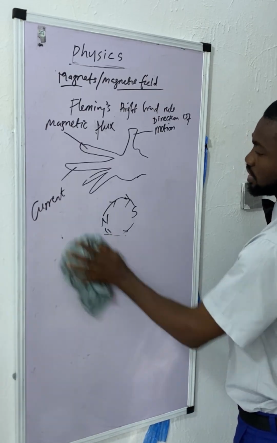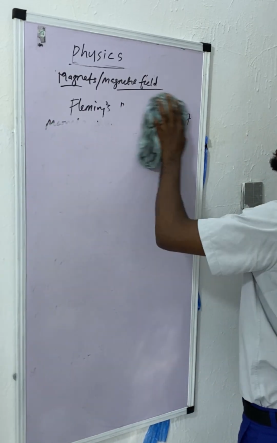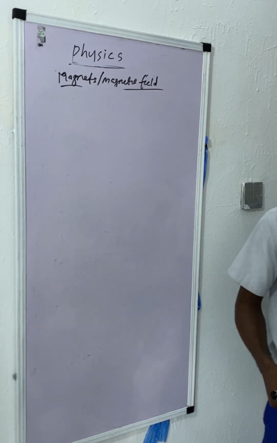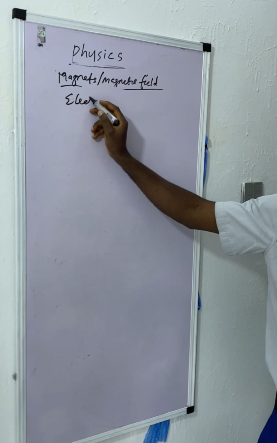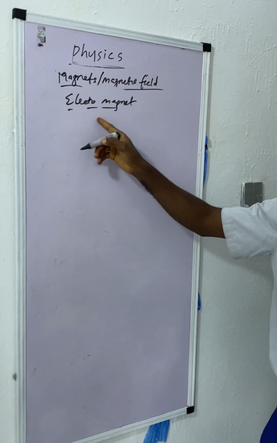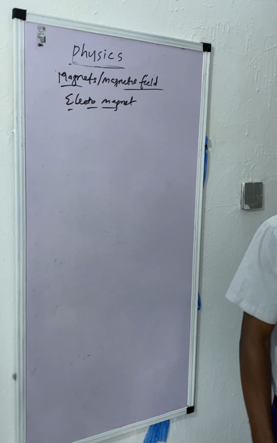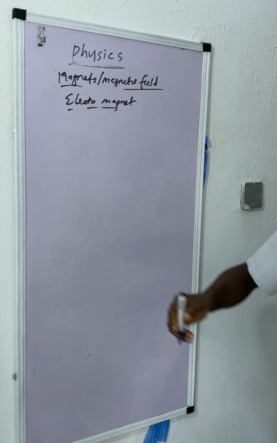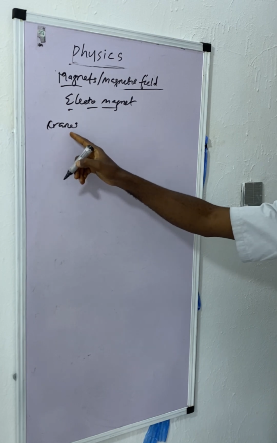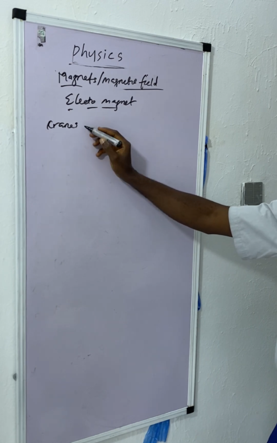So let's quickly look at electromagnet. Electromagnet works under the principle of electromagnetism. I already explained what electromagnetism is. Its use is in cranes. A crane is used to lift heavy objects.